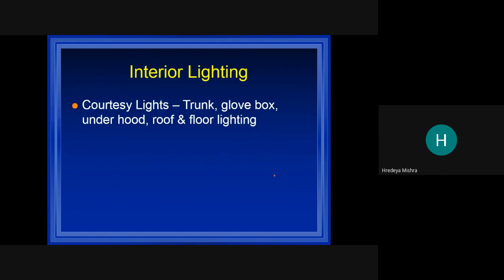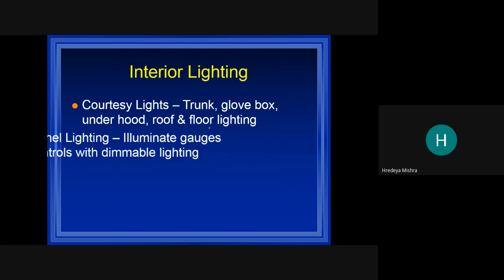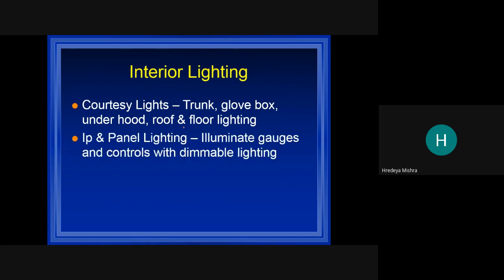Interior lights, courtesy lights, trunk, glove box, under hood, roof, and floor light. IP and panel lighting illuminates gauges and controls with dimmable lights.